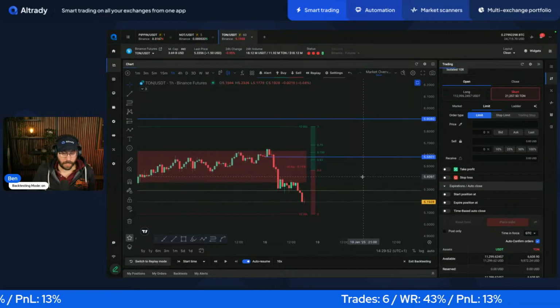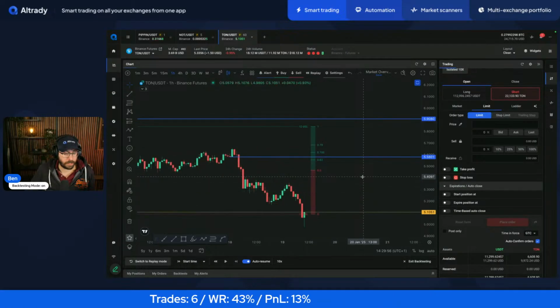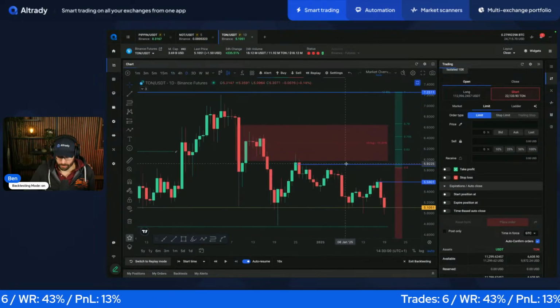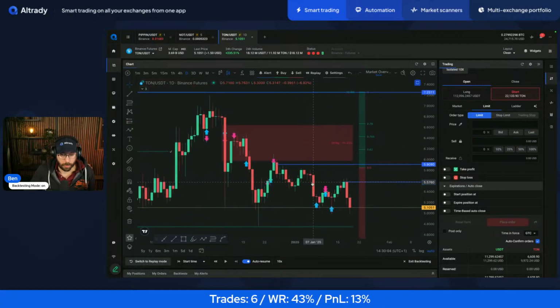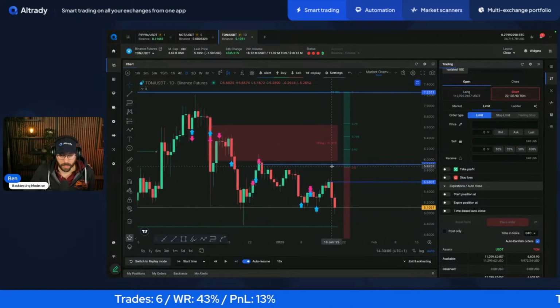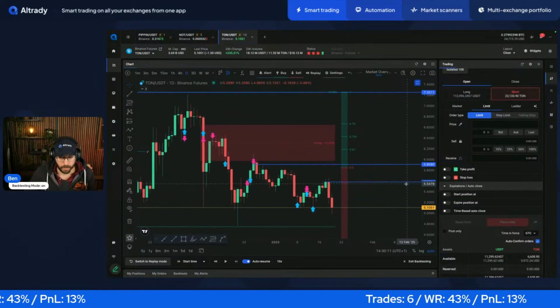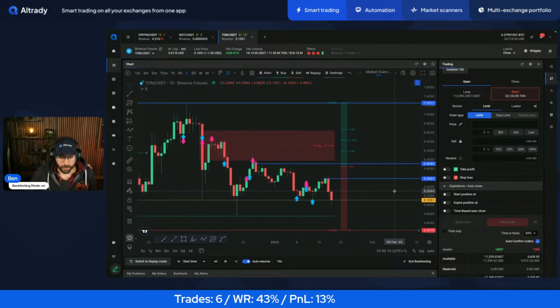The direction of the move was correct, but it just happens that you can't always enter every move if there's no proper way to enter. You can't chase it. You can't say, okay, it's just blown past it, I'm going to enter now. No, you have to be patient and wait for the shifts.